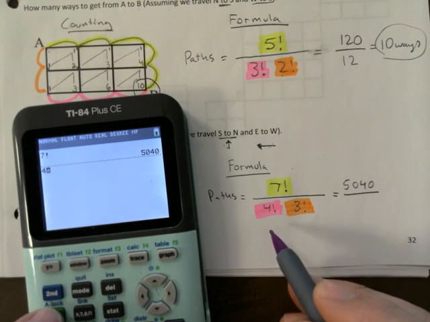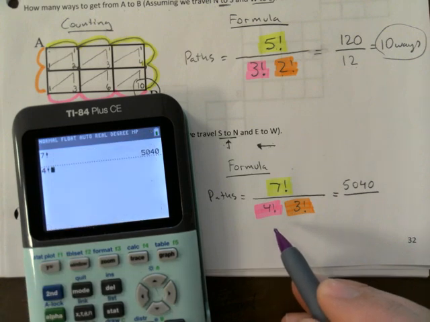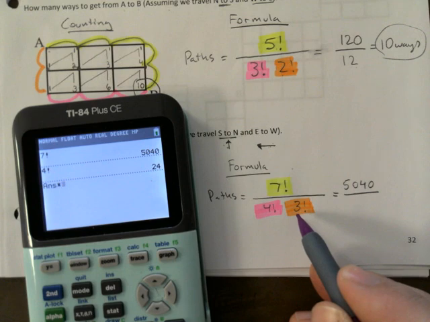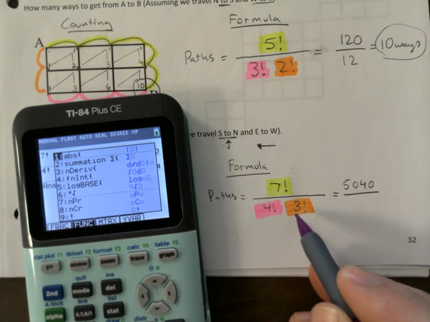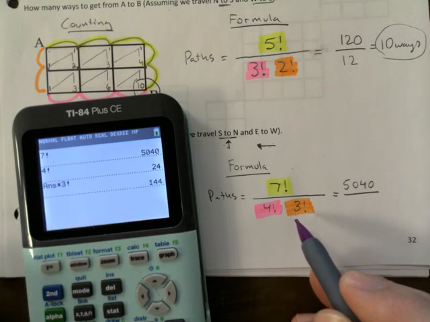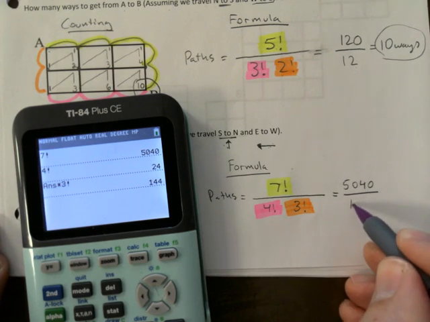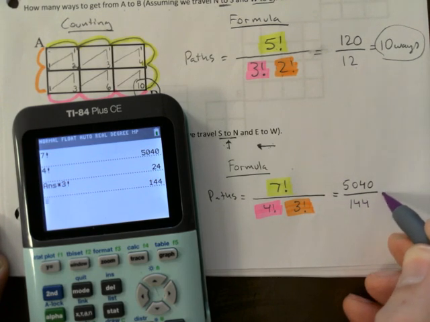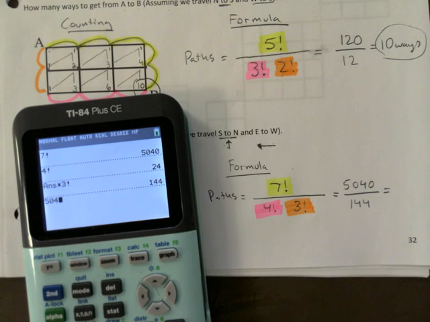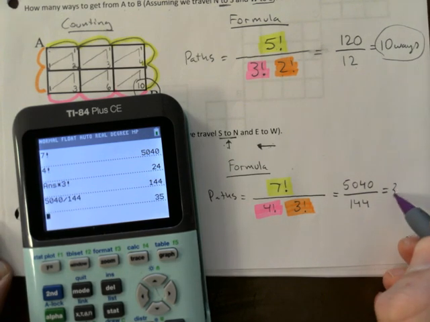Either you remember that it is 24, right? So it's 24 times 3 factorial if you want. So it's 144. Drum roll, I hope this is not a decimal. Phew, 35.